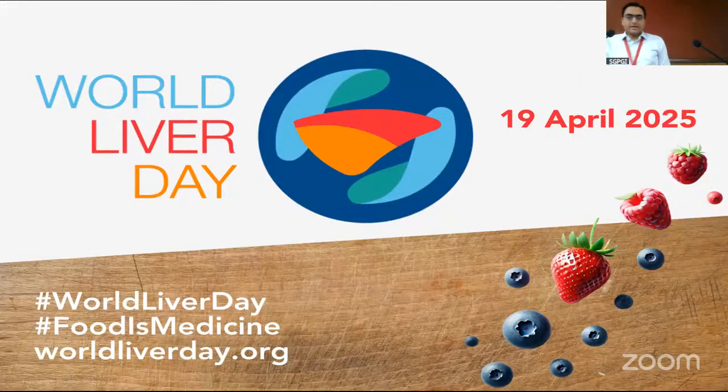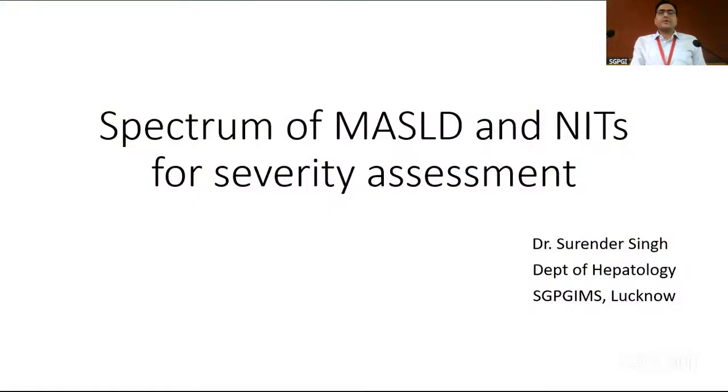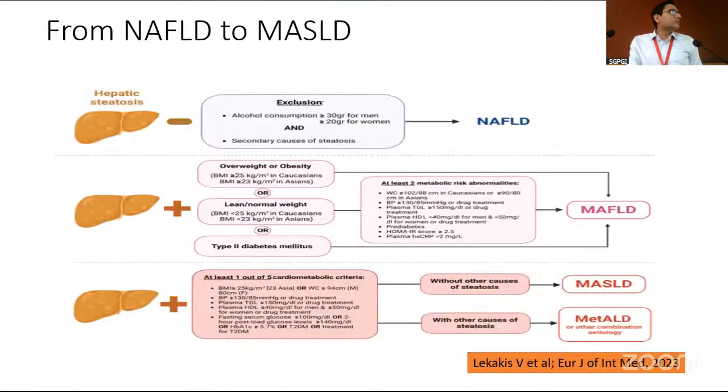Coming to my topic, the spectrum of SLD and non-invasive tests for severity assessment. Amit sir has beautifully told us how the nomenclature has traveled from NAFLD to MAFLD and then to MASLD. So this has already been covered.